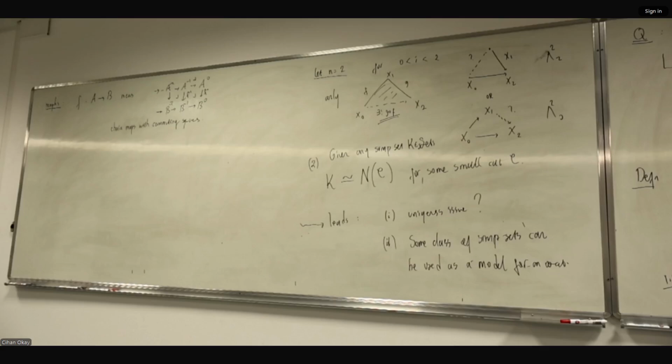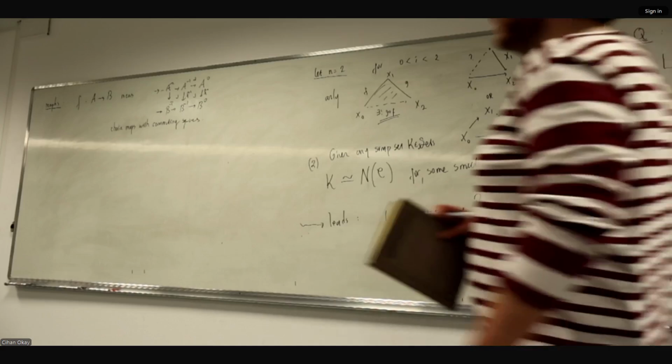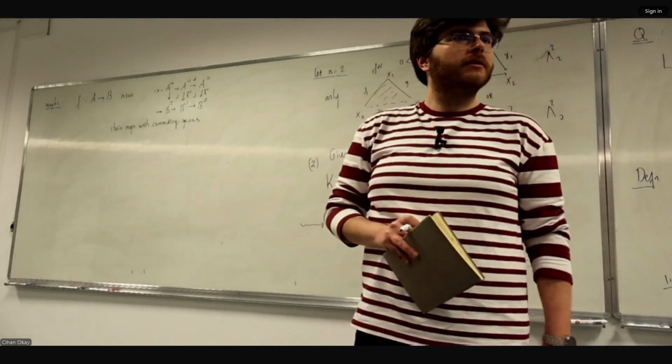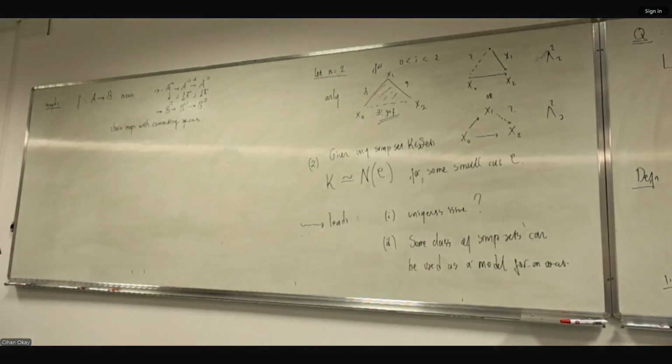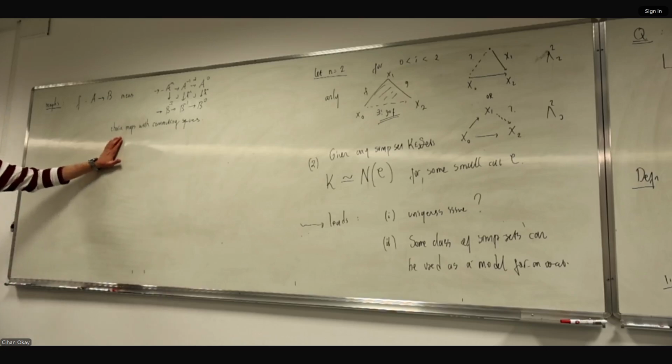So this chain map, as you define it, does it automatically preserve that as well, for all k? I see. No, we are just considering it as plain chain maps here. Preserving the multiplication is too much. So here is the weaker condition.